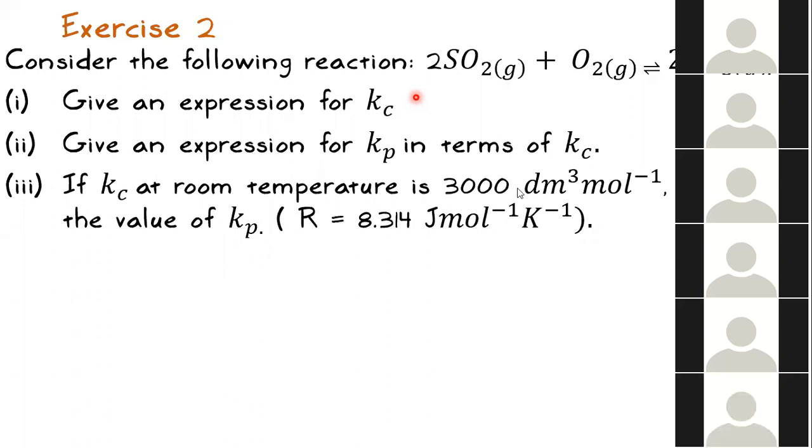So I got equilibrium constant in terms of concentration is equal to square bracket SO3 bracket close squared all over square bracket SO2 bracket close squared, another square bracket O2. Okay, that is good. I think we are doing well.